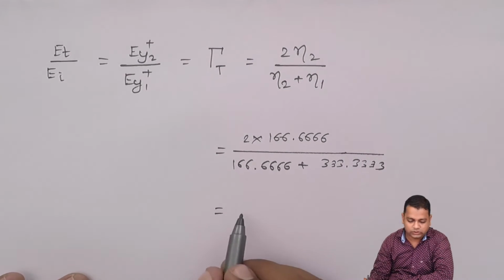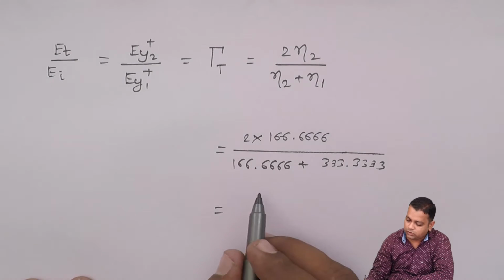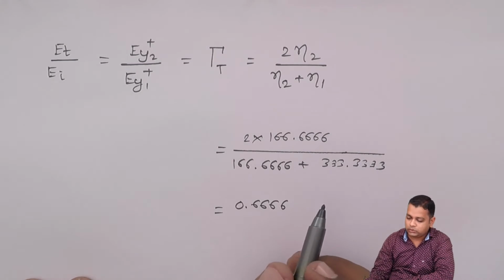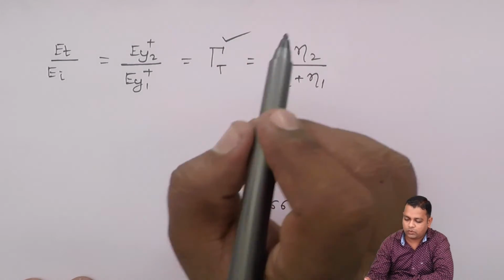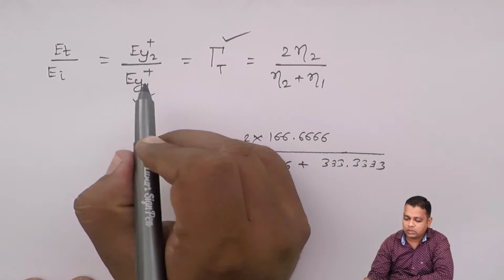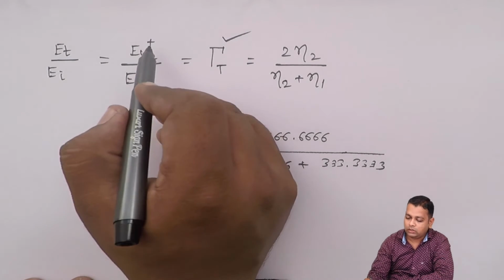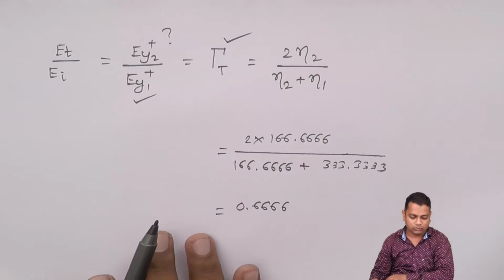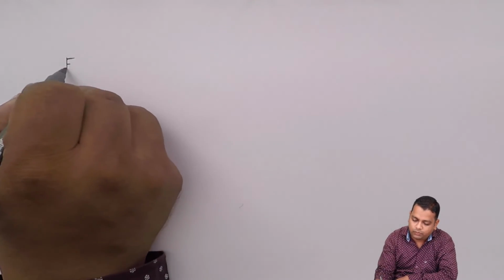This gives the transmission coefficient the value 0.6666. Using this transmission coefficient value and knowing the incident wave in medium 1, the transmitted wave in medium 2 can be determined. Hence, we obtain its magnitude.